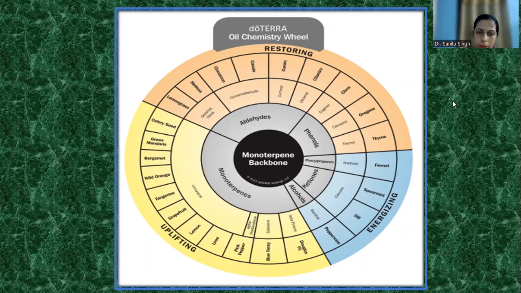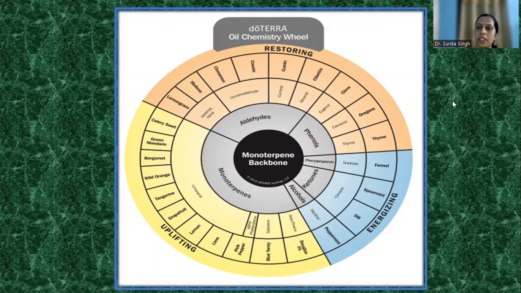We have pepper, and when we talk about aldehydes, ketones, and phenols, they act as energizing agents, like clove, oregano, and thyme. All these have phenolic components like eugenol, carvacrol, and thymol, and fennel has anethole, and spearmint and dill have carvone. So these are the phenolic and ketonic groups present in essential oils. And aldehydes, like geranial and cinnamaldehyde, have restoring properties.